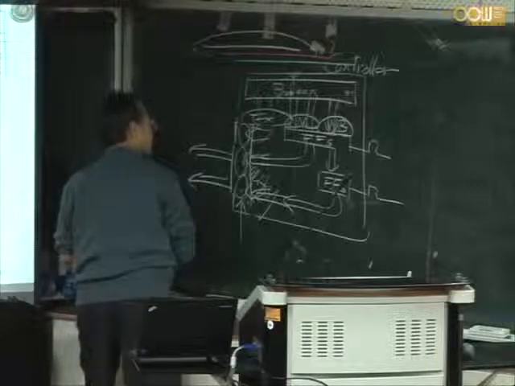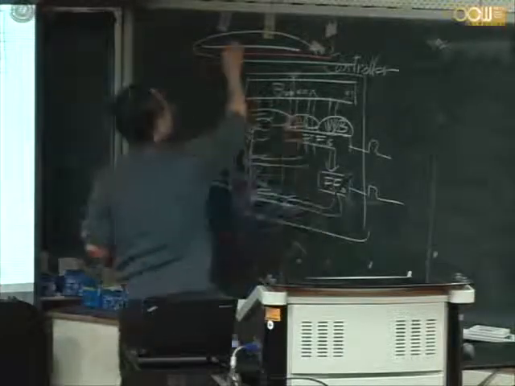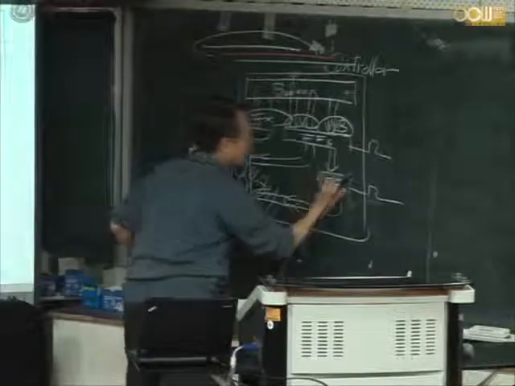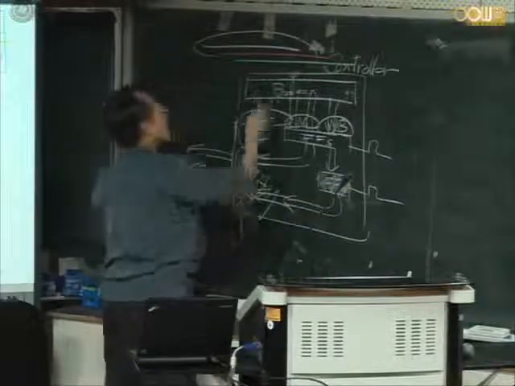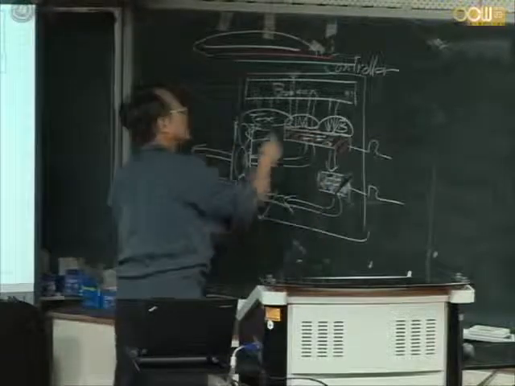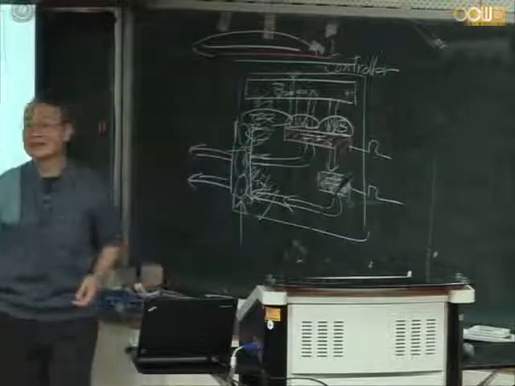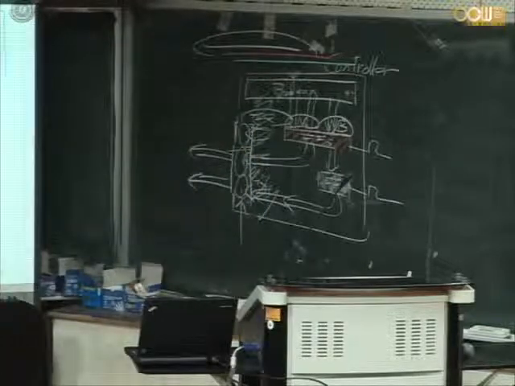So when the white instruction goes to here, then the red instruction will be in here, and the green instruction will be in here. Can you see how pipeline takes place when multiple instructions are in the pipeline?